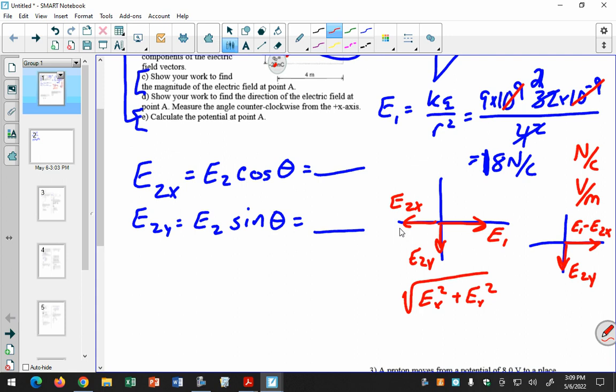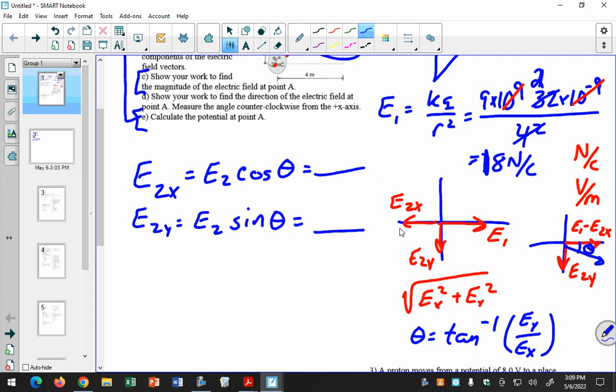And then I'd also find the angle, recognizing that my angle is this angle right here. So theta would be the inverse tan of, what is that, Ey over Ex. Opposite over adjacent. So that's how you would find the magnitude and the direction of that electric field.